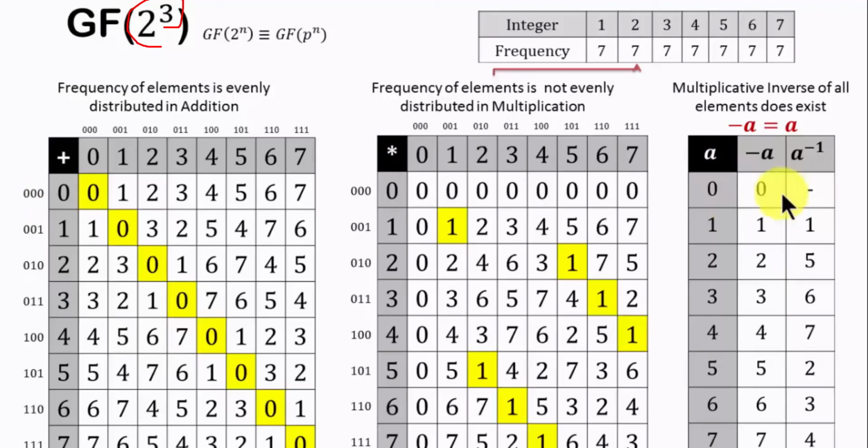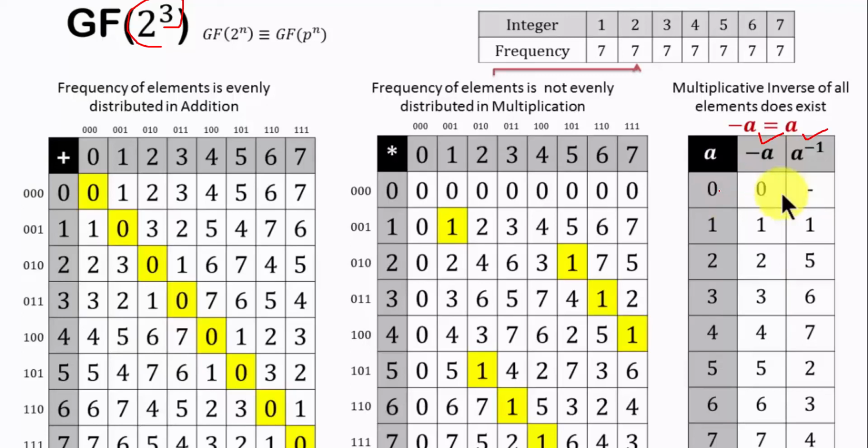The first table indicates the addition table, the second table indicates the multiplication table. From these the third table is derived. The first column indicates the additive inverse and this is the multiplication inverse.